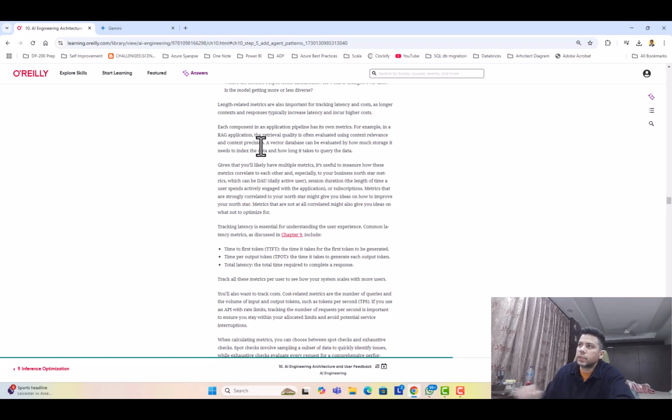So which means whatever the answer that is being thrown by the RAG application, whether it matches with the context that was intended in the first case. If not, then the answer that has been returned would be deemed insufficient.